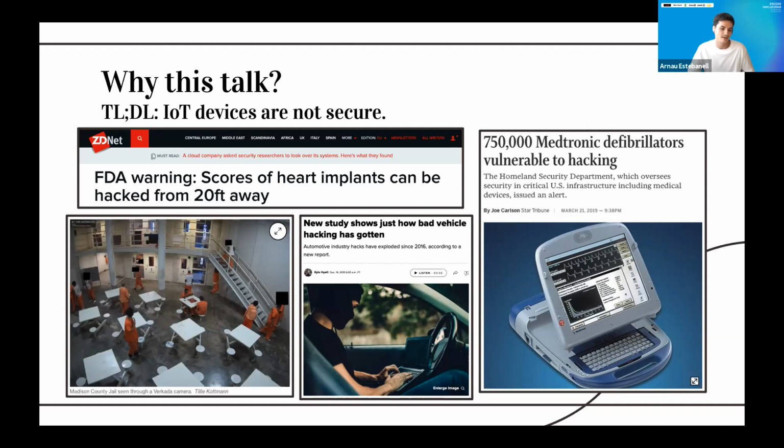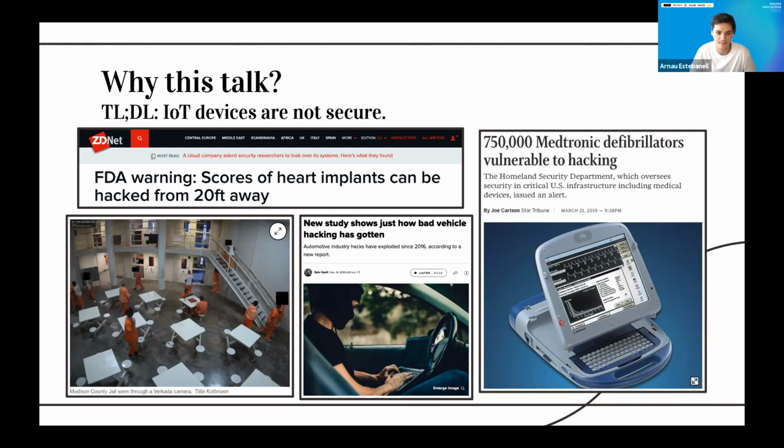In recent years, we have seen several different types of breaches, from heart implants, as you can see on the screen, to defibrillators, to, well, I think most security professionals have seen the funny car hacking videos that have been released these last years. But there was one specific incident which got a lot of attention, which was the Verkada data breach.